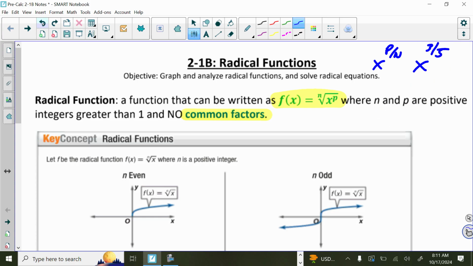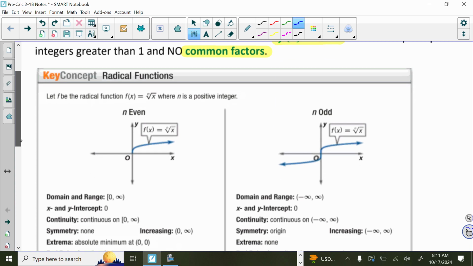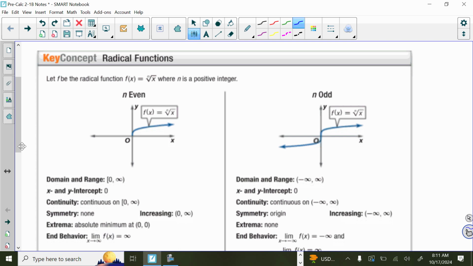All right, let's work on these. First, we take a look at this radical function and go through all the information. If n is even, you're going to have a graph that looks something like that.